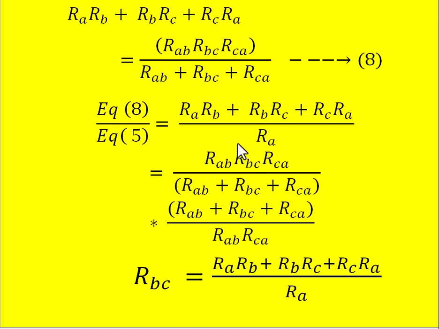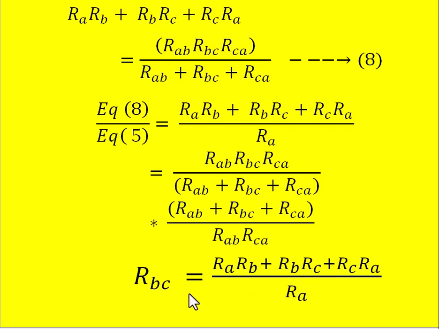We end up with only RBC on the right side, whereas the left side is RA RB plus RB RC plus RC RA. Then after rewriting this term, we get RBC is equal to this term. That is what we have written here. RBC is equal to (RA RB plus RB RC plus RC RA) divided by RA.